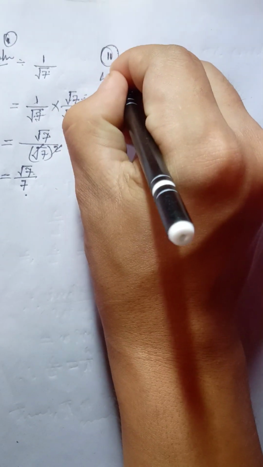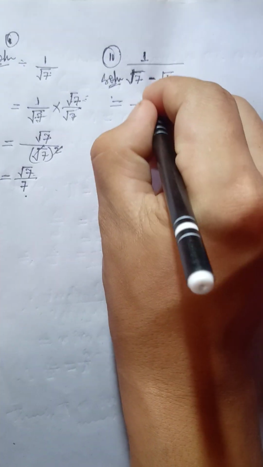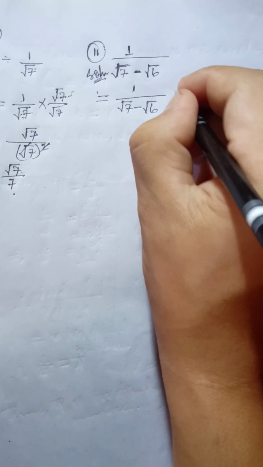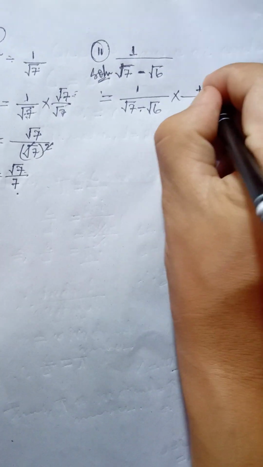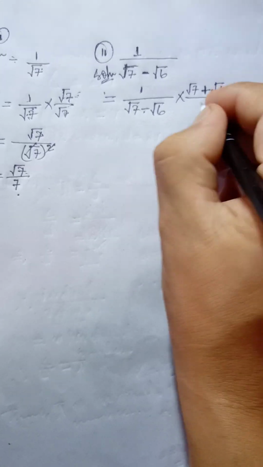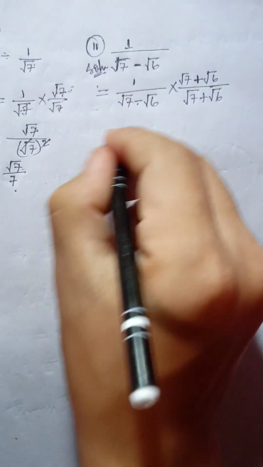Let us write the solution. 1 by root 7 minus root 6 into, if it is minus in this case, you have to put plus here, root 7 plus root 6 divided by root 7 plus root 6.